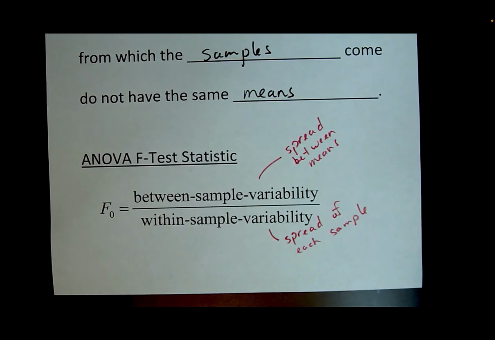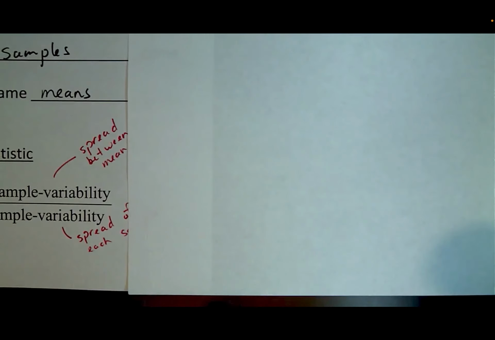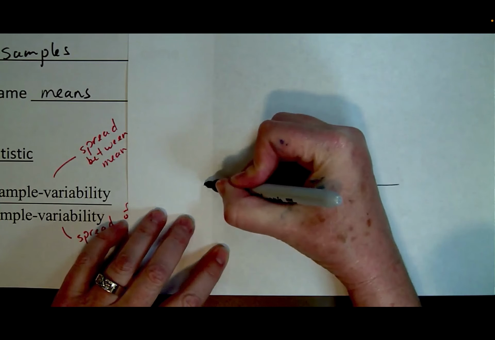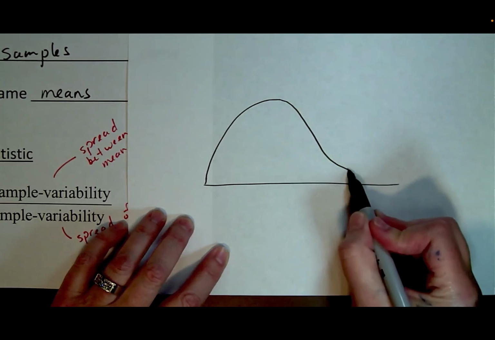Let's get a little picture to go with that. I think you have room to the right of that formula in words to let's just see what the F distribution looks like. It happens to look something like this.